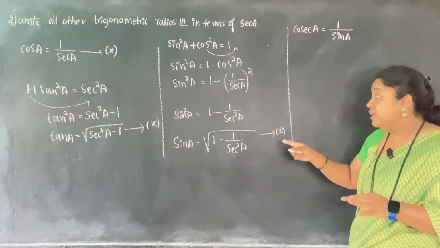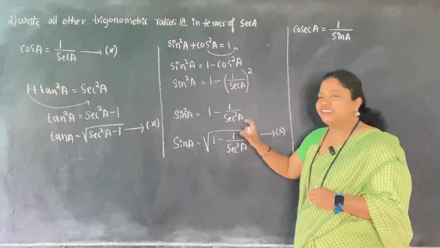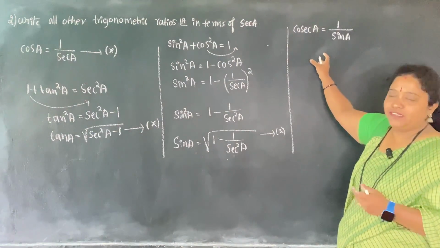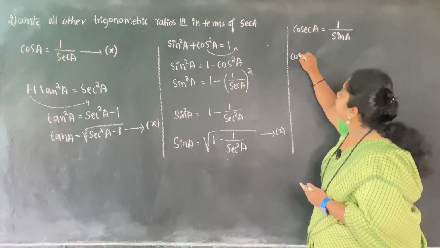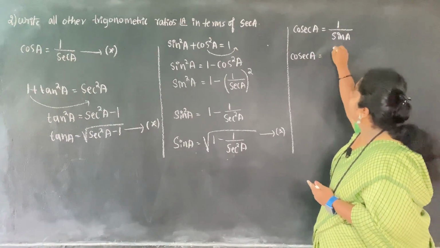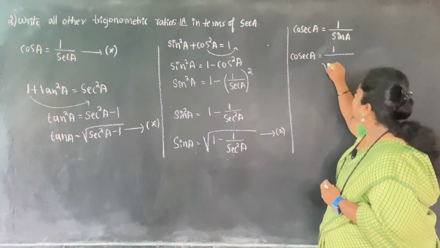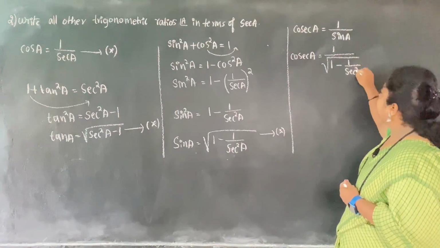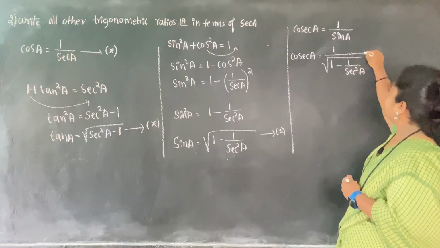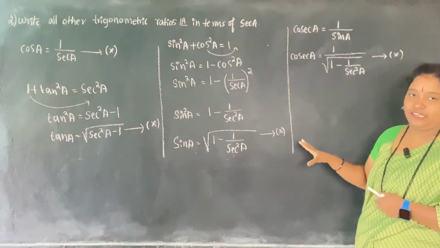We have already expressed sine in terms of sec. I'll just substitute this here, to make it in the form of cosec. So cosec A is equal to 1 by, what is the sine value I have? Root of 1 minus 1 by secant square A. See, I have represented cosec also in terms of sec.